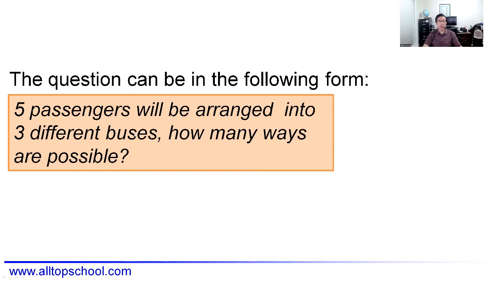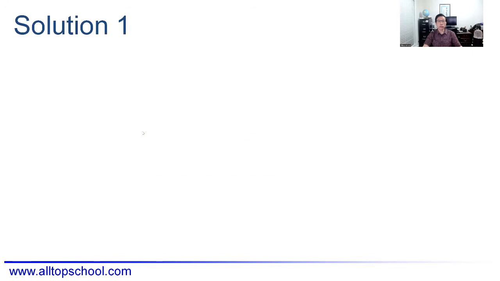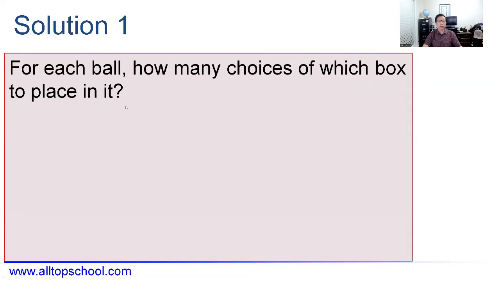It doesn't matter. There's no restriction. So in this case, the first solution will be much easier. For each ball, in this case each passenger, how many choices of which box to place it in? That will be 3 buses. Each passenger can go to any of these 3 buses. So 3 ways to do it.